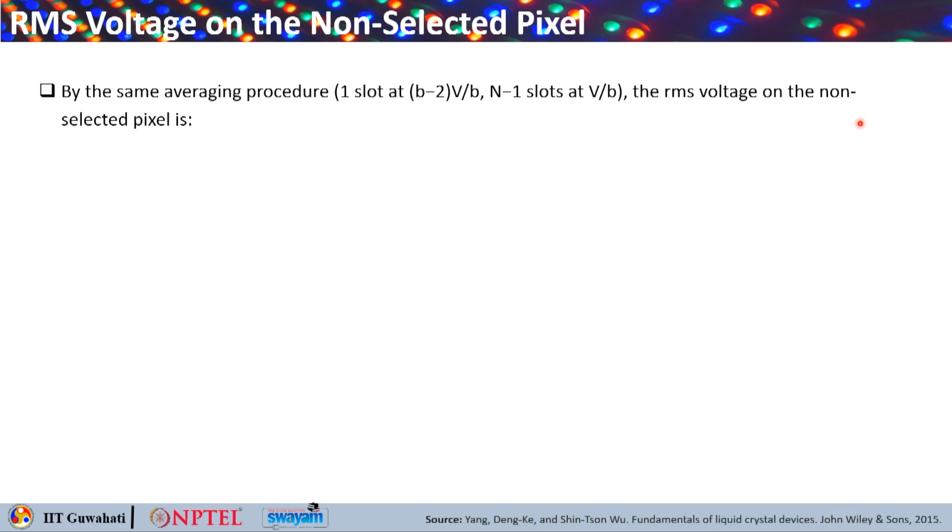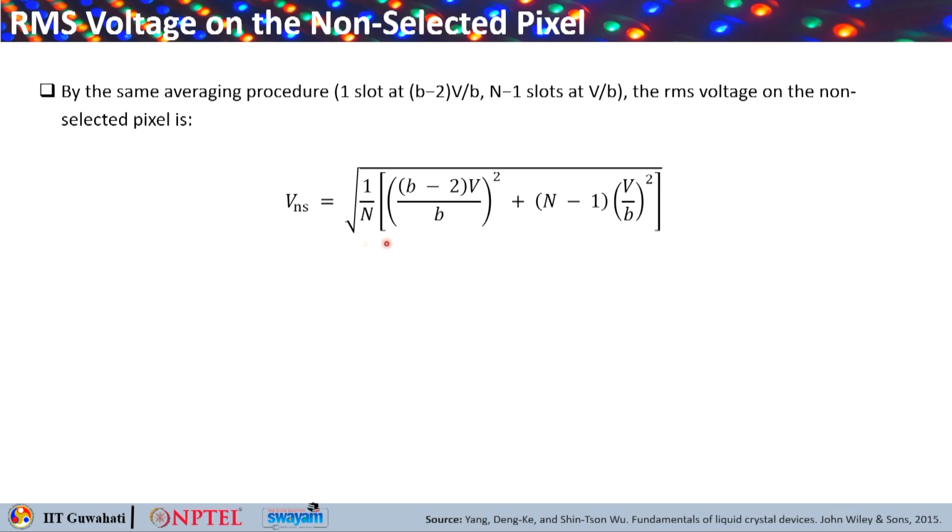So the RMS calculation for the non-selected pixel, called VNS, looks like this; the previous case was VS, the selected one. You take the square root of B minus 2 into V by B whole squared plus n minus 1 times V by B whole squared, divided by n.